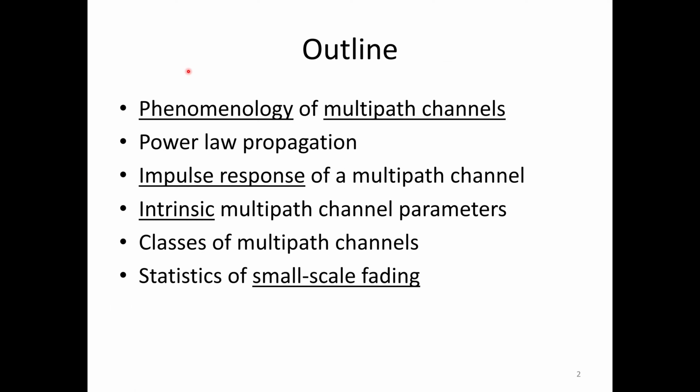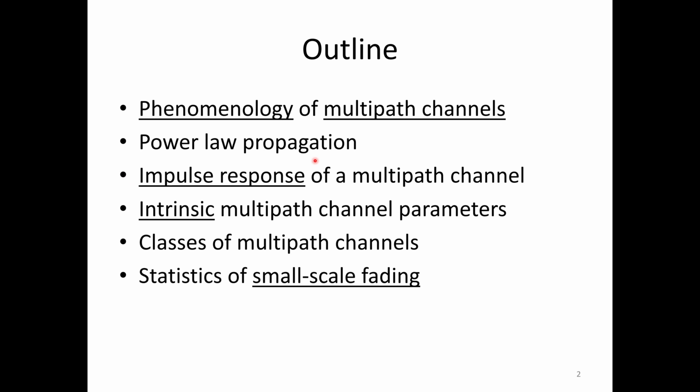Next, second, we will introduce the power law propagation. Third, we will introduce the impulse response of a multipath channel. What is the impulse response? If you have already taken the course Principles of Communications or Signals and Systems, you should have learned what the impulse response is.